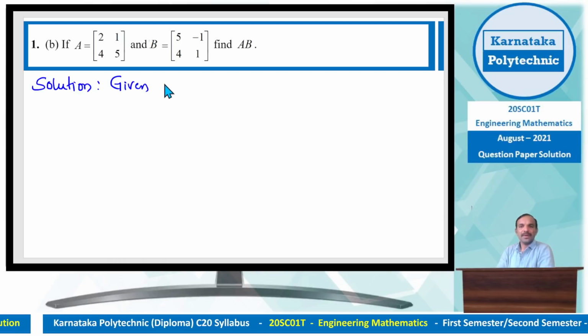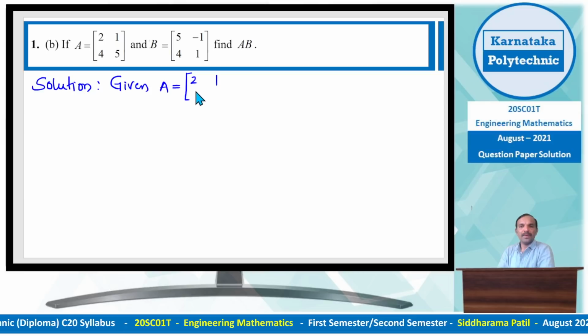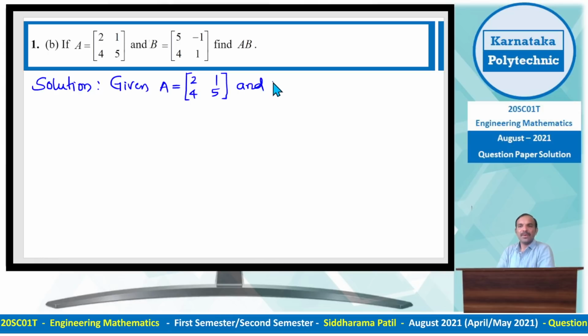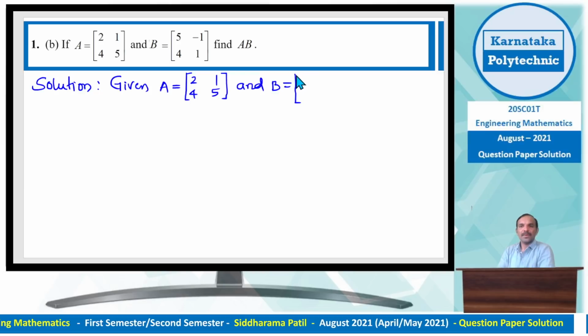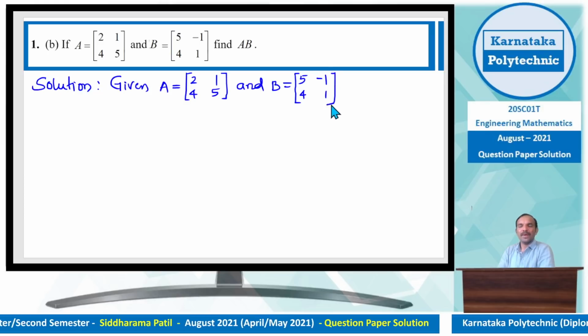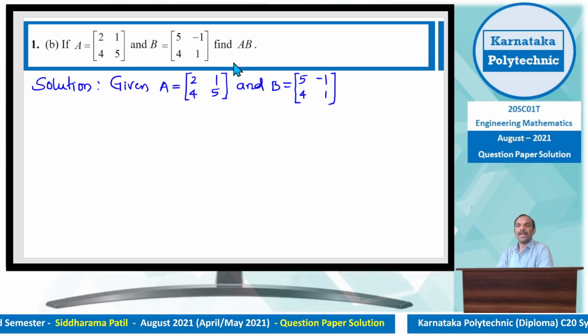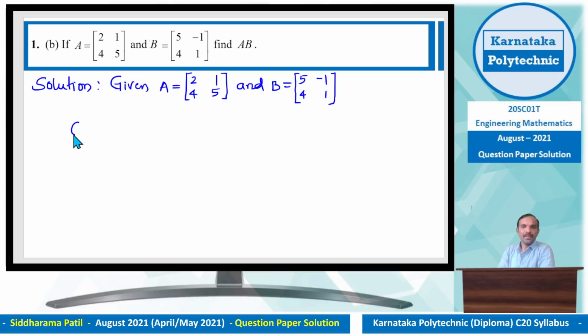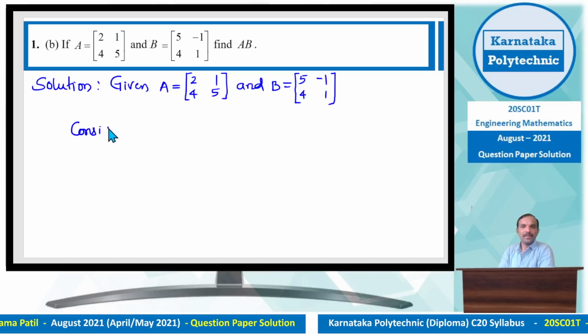Given matrix A equals 2 1 4 5, and B equals the matrix 5 minus 1 4 1. What do we have to find out? AB.